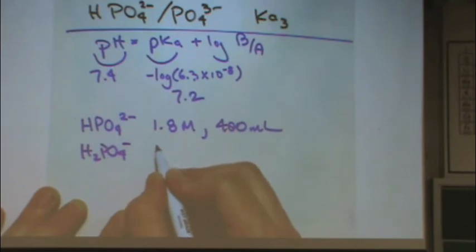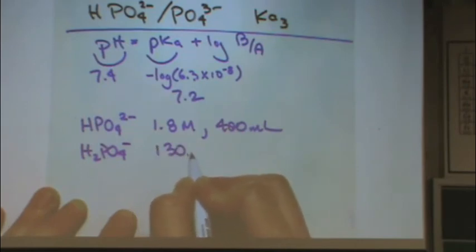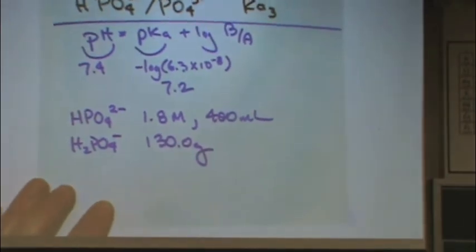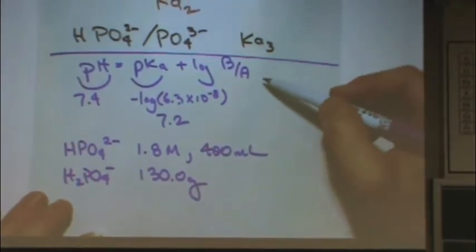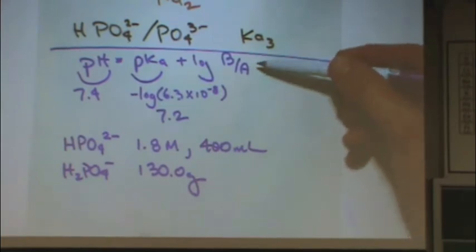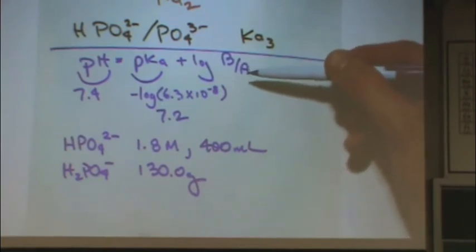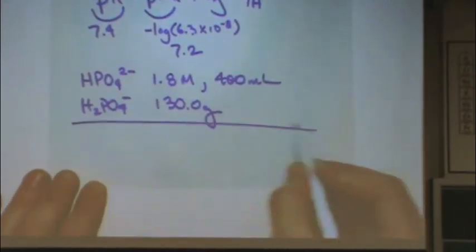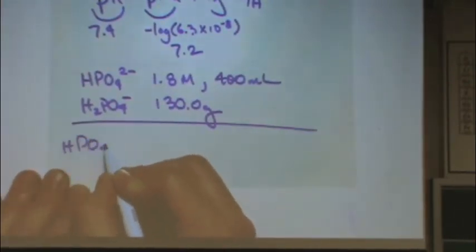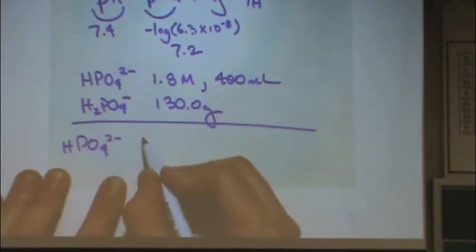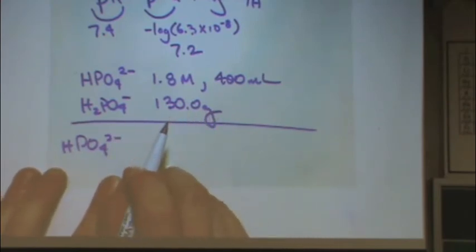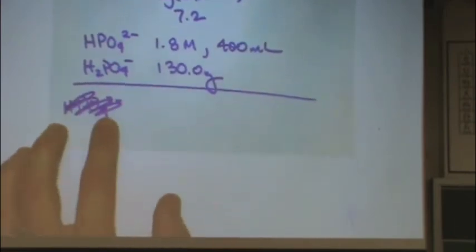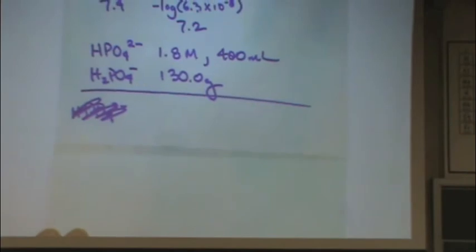This is 130 grams. Yeah. Okay. So to do the log of the base over the acid, I need this in molar, or concentration units. So for the HPO4 2 minus, one more thing before I get to that part.